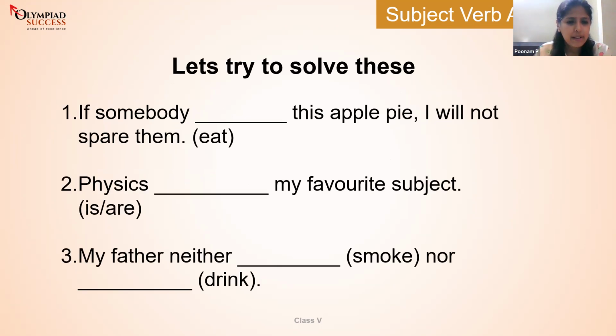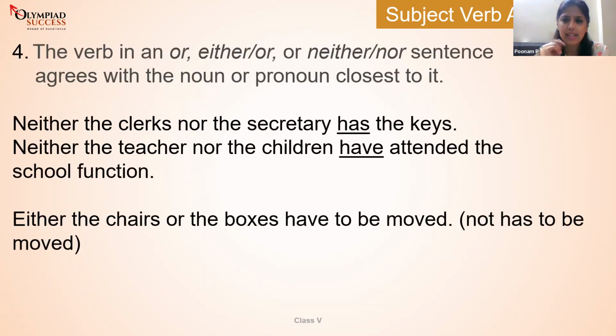Okay, now, like I said, I will go straight after all the rules to questions in the end. The verb in either-or, neither-nor sentences agrees with the noun or pronoun closest to it. Now, in the previous rule, when we use neither, it was addressing only one subject, although it was plural, computers.